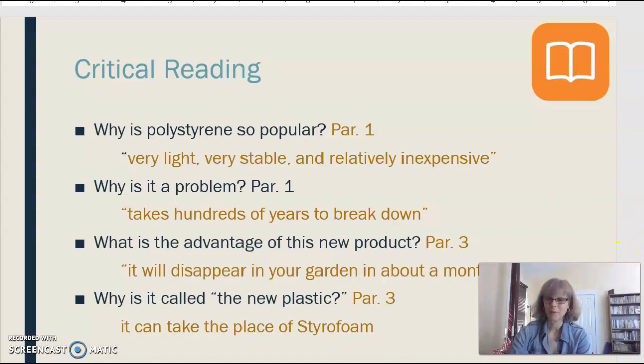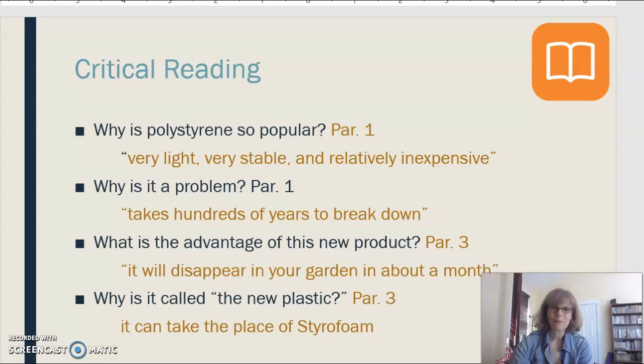The styrofoam plates are very cheap. But what's the problem? Why is polystyrene a problem? They talk about this also in paragraph 1. They talk about it takes hundreds of years for it to break down in your garden or in the landfill, in the trash, wherever you put it.